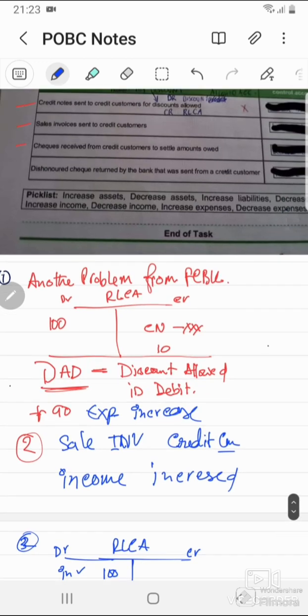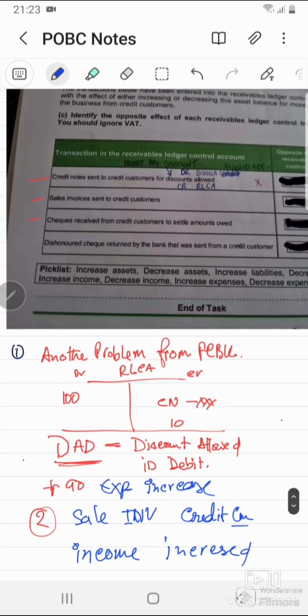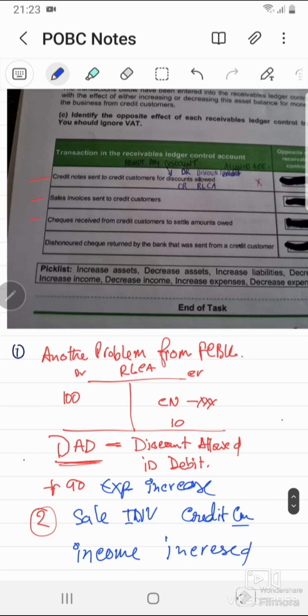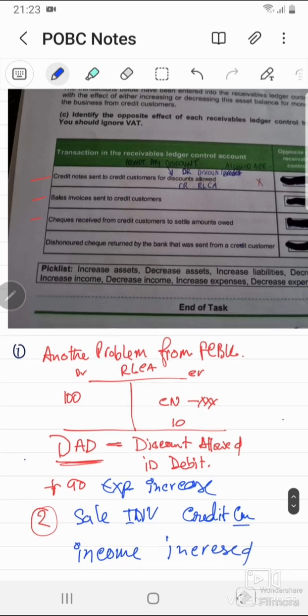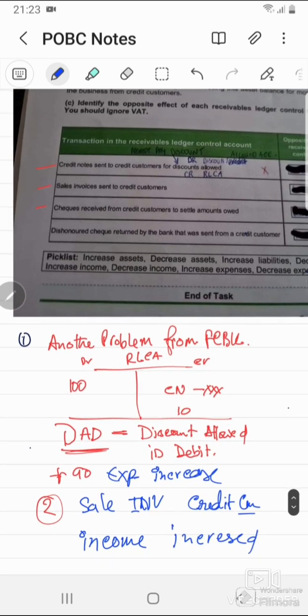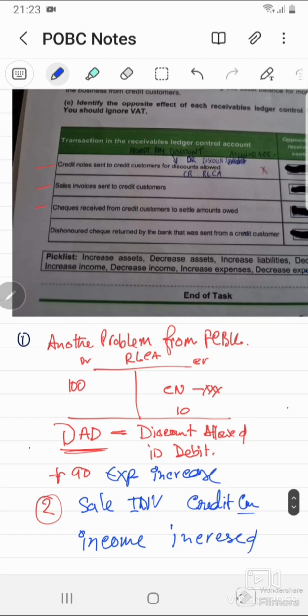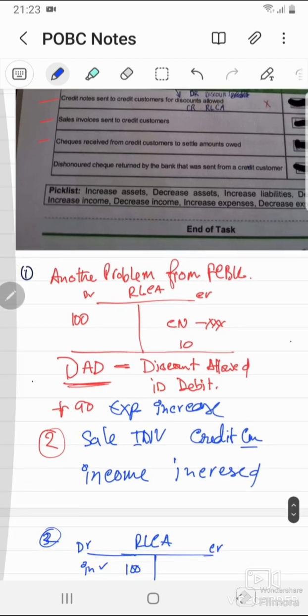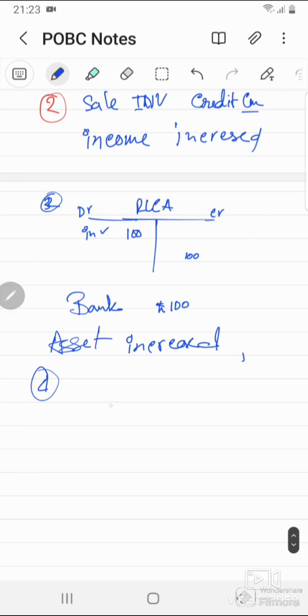And number four is a dishonoured cheque returned by the bank that was sent from the credit customer. Okay, let's draw RLCA again. In RLCA, we had say a £100 invoice, and the customer paid this £100 by cheque.